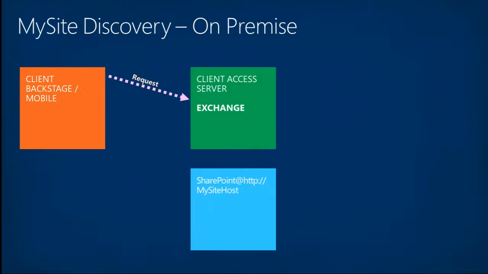It tries to talk to the Exchange endpoint called the Client Access Server, which hosts the auto-discovery protocol. The auto-discovery protocol accepts the request, takes the user context into account, and figures out all the Exchange information, but it'll also read that property I was talking about earlier and give that value back to the client as part of the auto-discovery response.